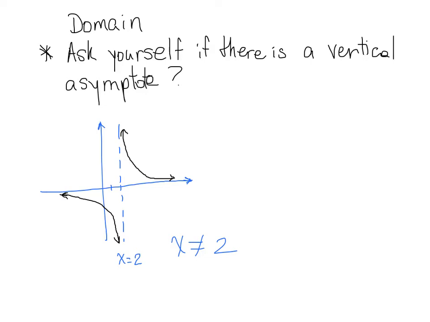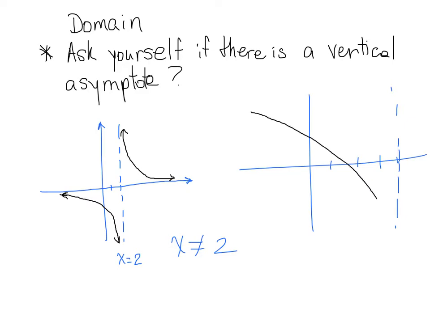Let's look at another case in which there's a vertical asymptote. Here's my graph, and let's say there's an asymptote at 4. Let's say the graph is approaching that asymptote and will not touch it, but it is going all the way left. It's going to get infinitely close to it, but it will never touch it.